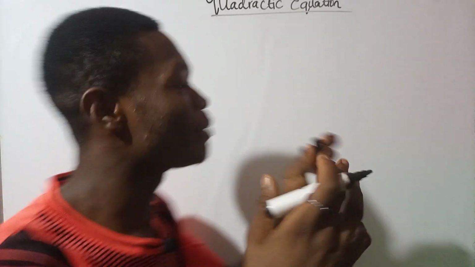Quadratic equation means those equations with the degree of what? 2. Do you know that quadratic equation is also a polynomial? Okay, I know you know that. So, I'm going to derive the almighty formula using the completing the square method.